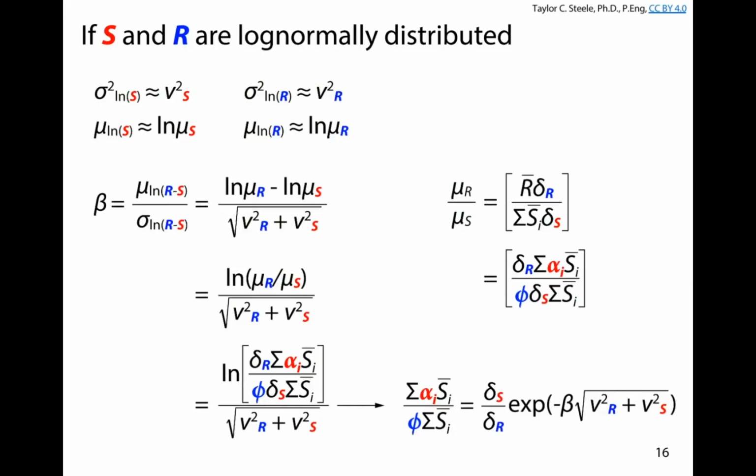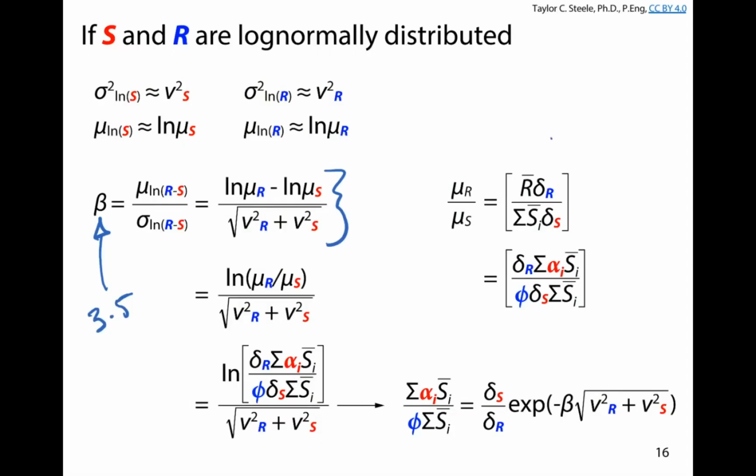But now we're dealing with the natural log of the means and the same values of variance instead of standard deviation squared. Basically what we end up with, if we look at the definition of beta, we're going to figure out basically what alpha and phi might need to be to target an acceptable reliability index. So for example, we might plug in a value here of 3.5 for beta.